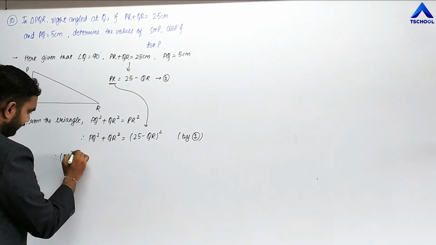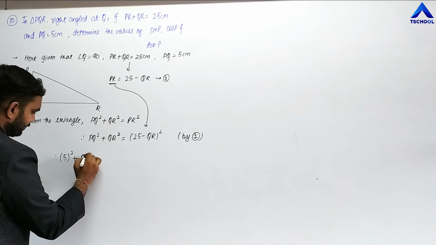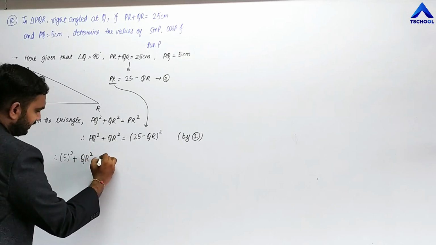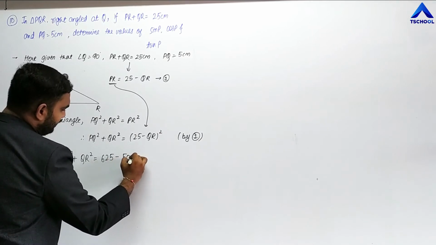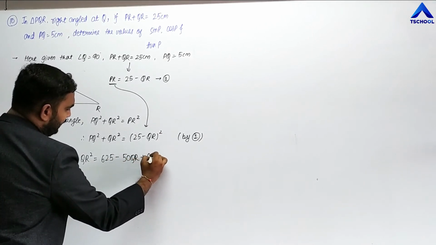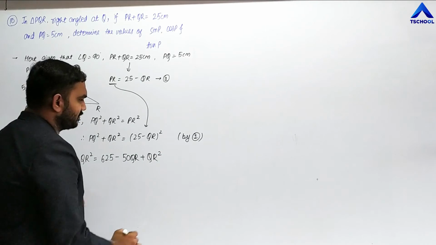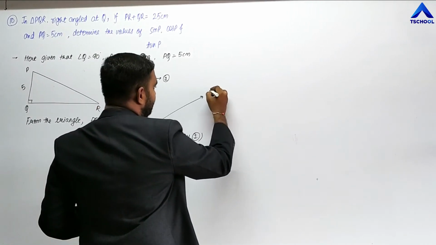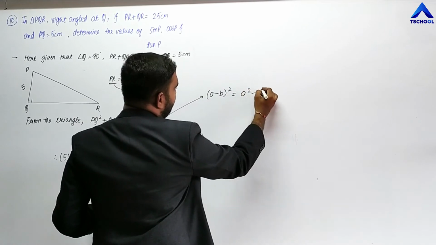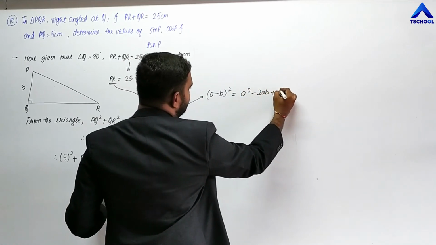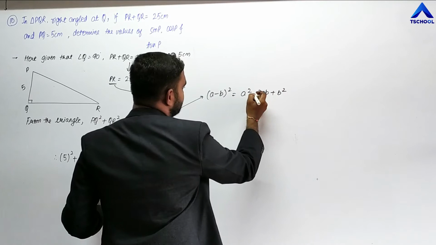Therefore 5 square plus QR square is equal to 625 minus 50 QR plus QR square. The formula for a minus b whole square is a square minus 2ab plus b square.